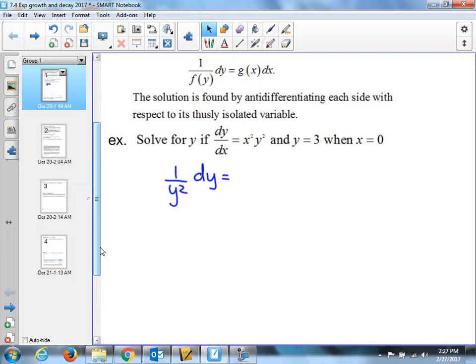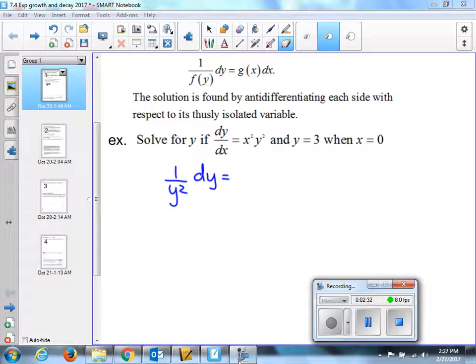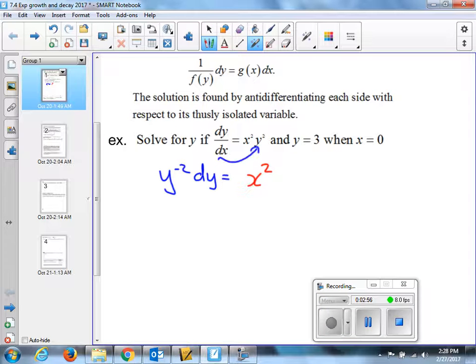What's the best way to write that to do an integral, or to do differentiation? y to the -2. I'm really thinking of it as divide by y squared, but I'm going to write it as y to the -2, which means the same thing. x squared stays on this side, but I'm moving the dx from here to there.